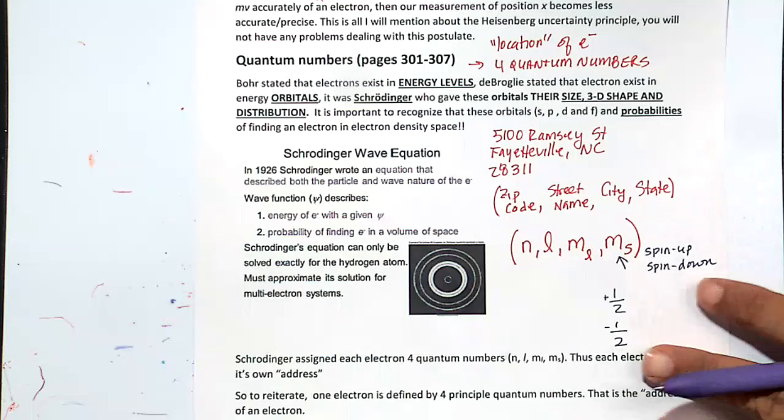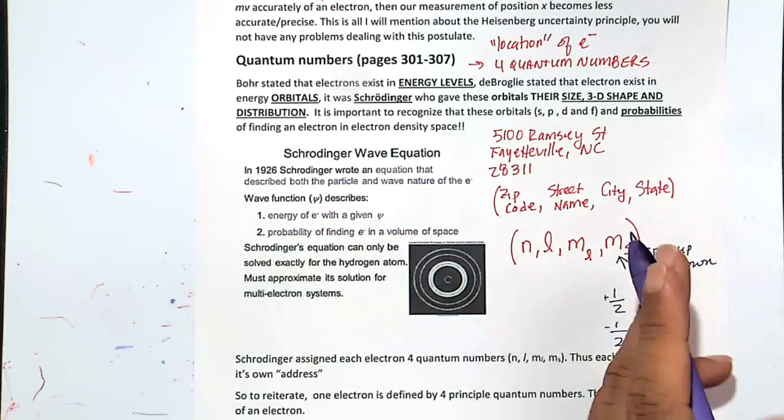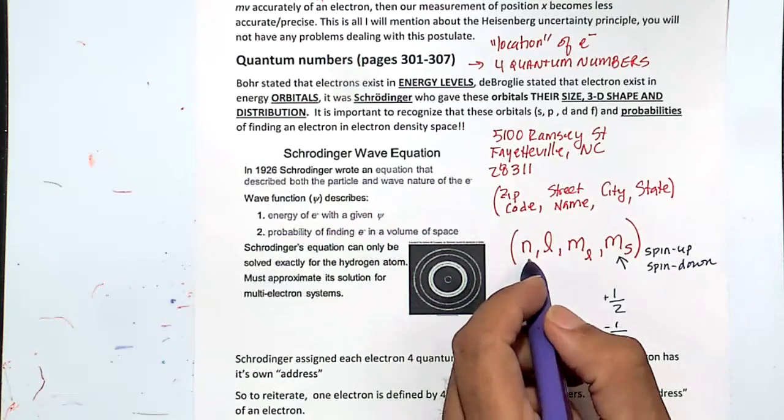So I usually tell people the fourth quantum number is very easy: either plus 1/2 or minus 1/2.